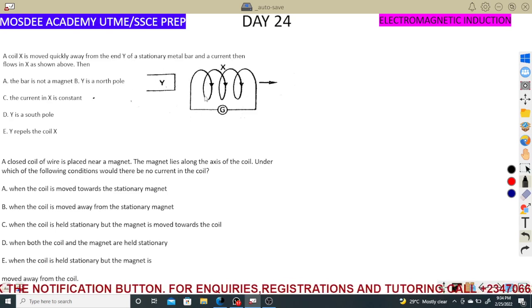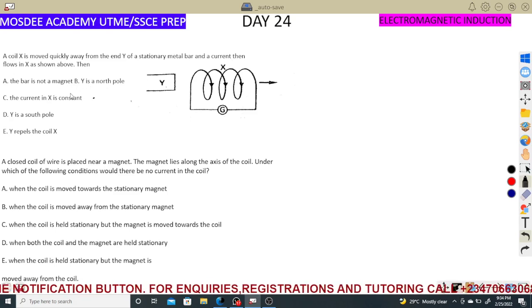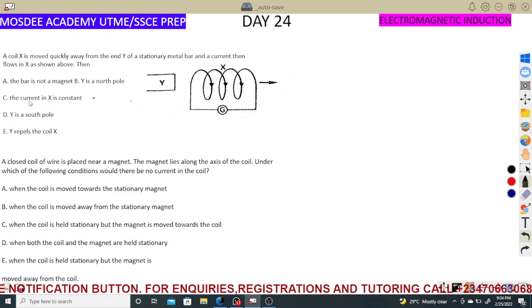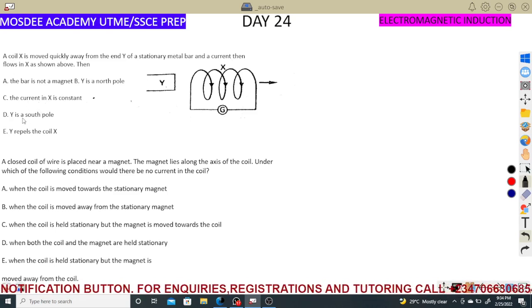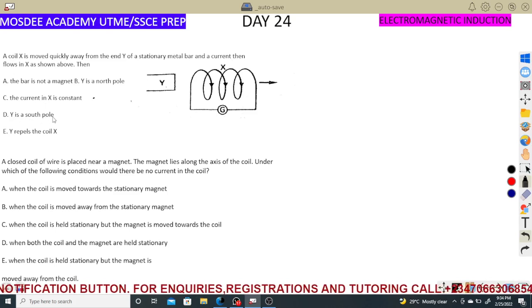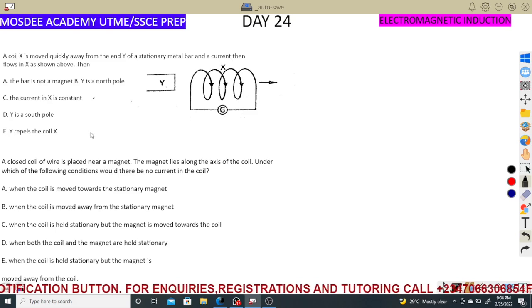The direction of the current starts flowing according to the word coil here. Then, A, the bar is not a magnet. B, Y is a North Pole. C, the current in X is constant. D, Y is the South Pole. Then E, Y repels the coil X.